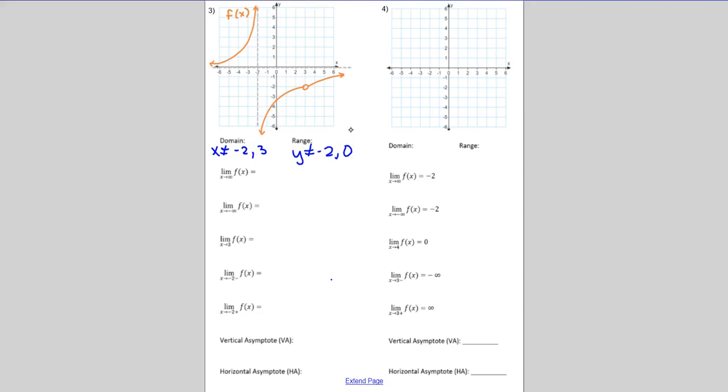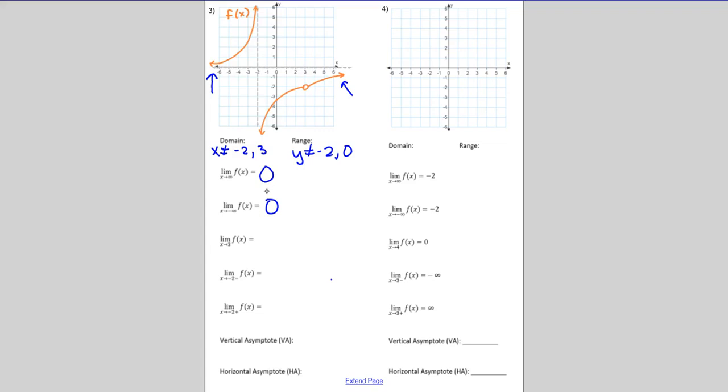The limit as x goes to infinity. So as x is going to infinity, the y values are approaching 0. The limit as x goes to -infinity. As x goes to -infinity, the y values are approaching 0. By the way, we could jump down to the bottom of the page.